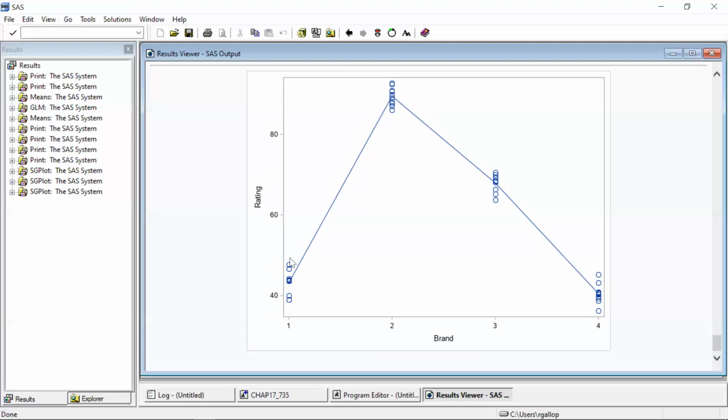Because again, when I'm looking at the spread within each level, none of them really jump out more than the others. So I would look at this spread before even analyzing the data. So right away, I'm getting a sense of, I'm going to reject the equality of the 4 means. I don't have enough evidence to reject the equality of the 4 variances.